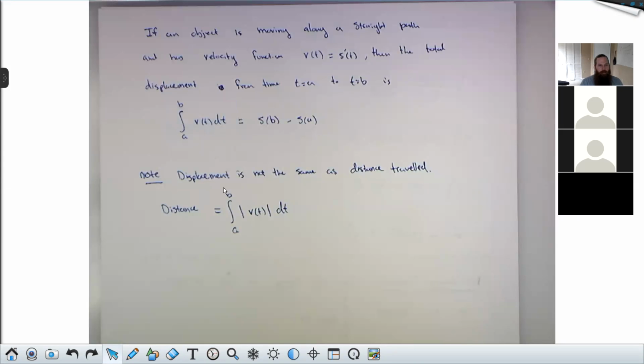So if your velocity function is always positive, then the displacement integral will give you your distance traveled. But if your velocity function is sometimes positive and sometimes negative, then to get the total distance, you need to integrate the absolute value of your velocity function.